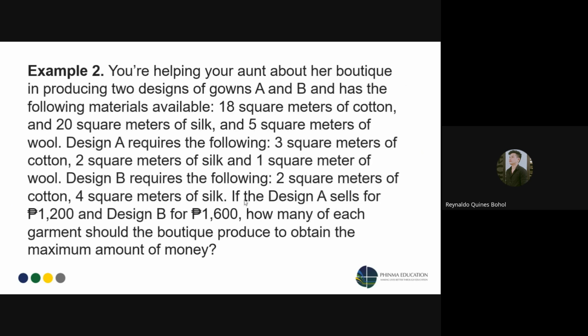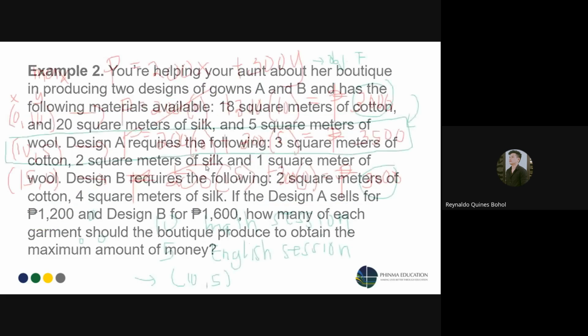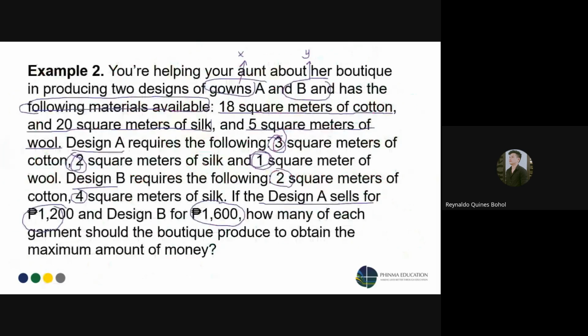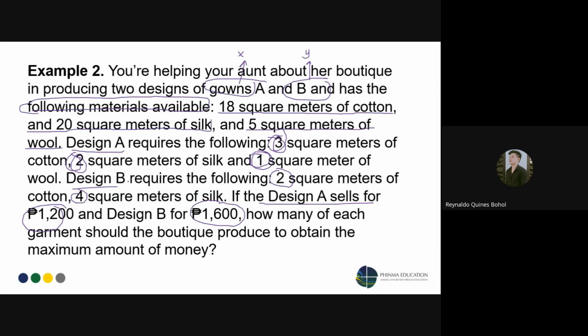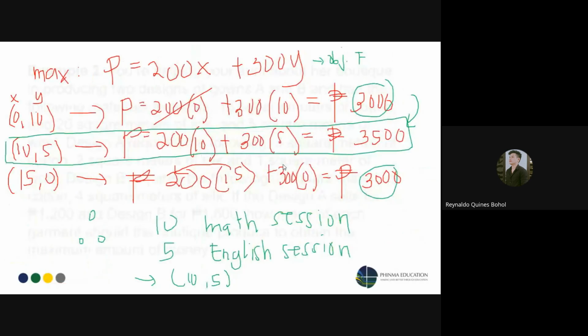So, tingnan nyo. Sa design A, meron tayong 3, respectively yan, 3 to 1. Okay. Ilagay mo na agad doon, 3 to 1. Next naman sa B, sabi niya doon, design B, 2, 4. 2, 4 lang siya. Wala siyang last.